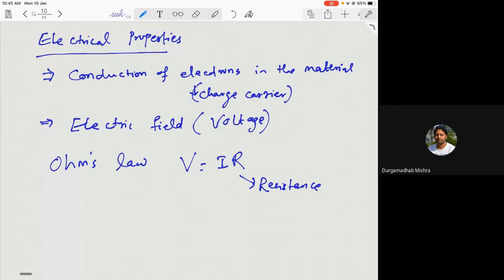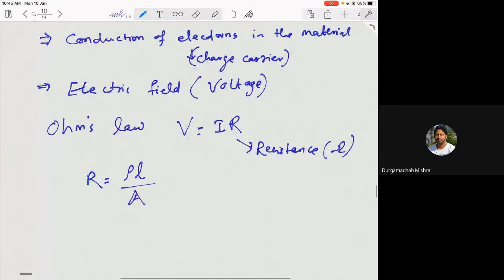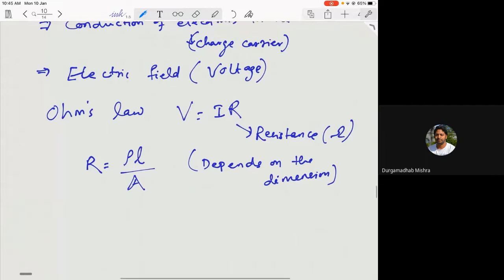And how do you define the resistance of a material? Normally you write resistance in ohm, and it depends on the dimension of the material, so the length and the cross-sectional area.